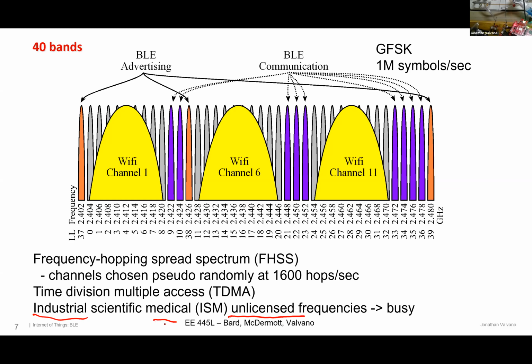You're going to frequency hop. 1600 times per second, you're going to hop to another frequency, and eventually you'll find one without a collision.